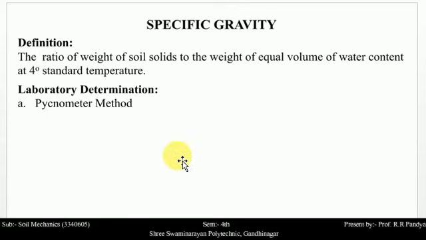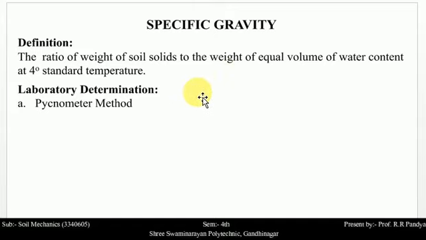From the last lecture on the physical properties of soil, we can learn about specific gravity. So, what is the definition of specific gravity? The ratio of weight of soil solids to the weight of an equal volume of water at 4 degree standard temperature. Okay, so how is that determined?